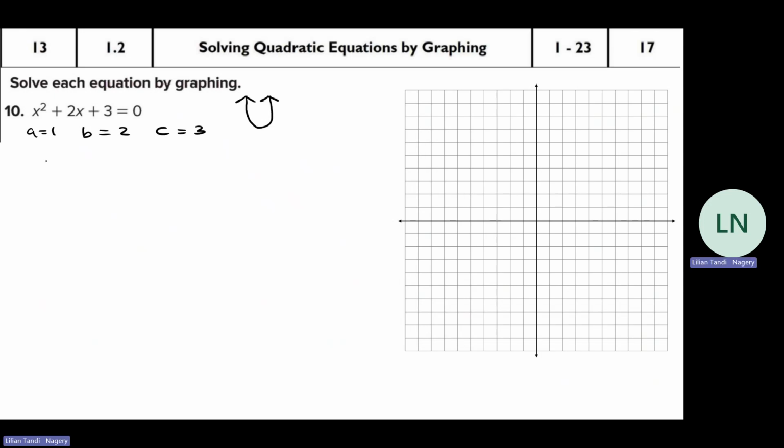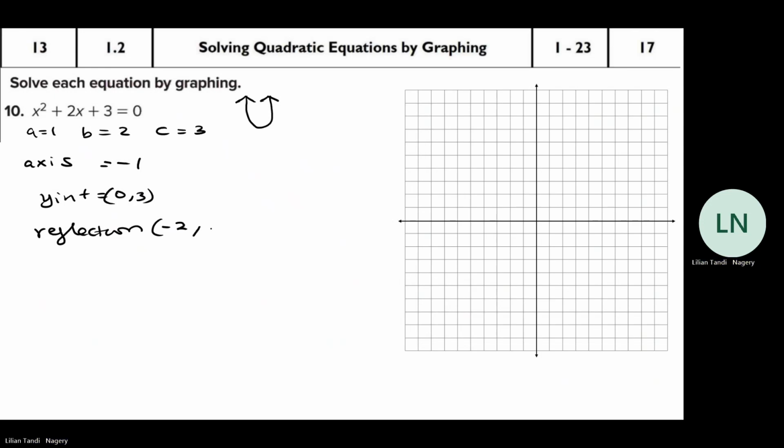And then my axis will be -1, my y-intercept will be 0, 3, my reflection will be -2, 3, my vertex will be -1, 2.